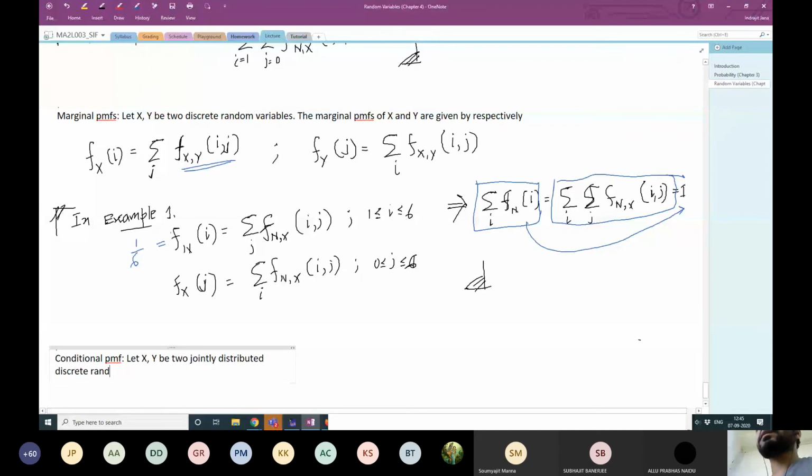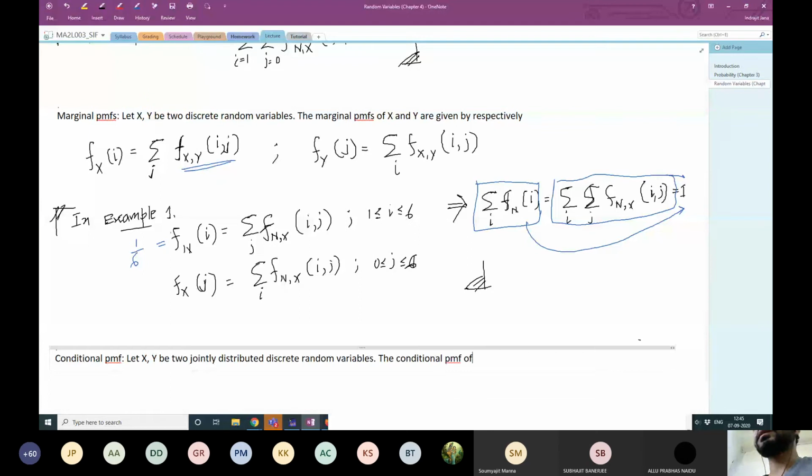The conditional probability mass function of x given y is given by, and you already know this answer from our previous lectures.